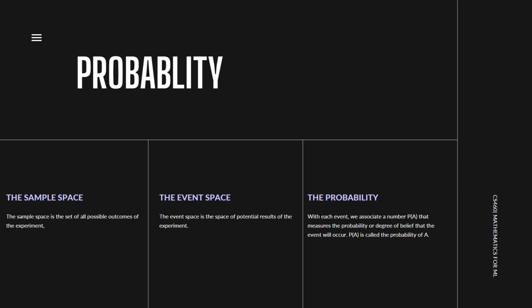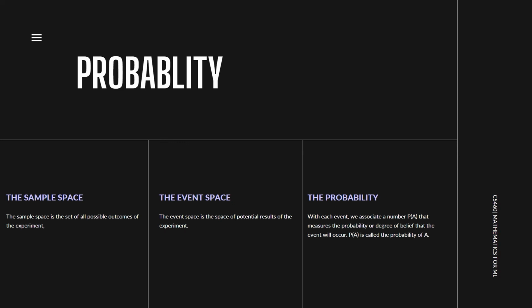And probability is a number we associate with the chances of an event happening, generally denoted by P(A). The value of probability lies between 0 and 1. It can't be negative because chances of anything happening can be at least 0, and 1 means it will be occurring 100% of the time.